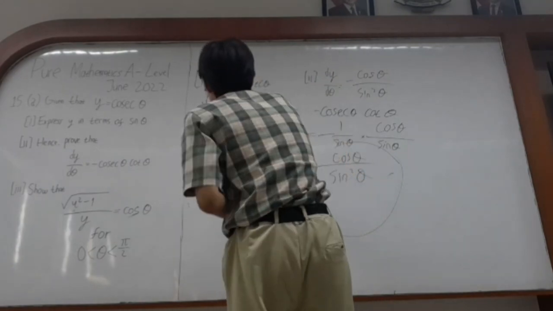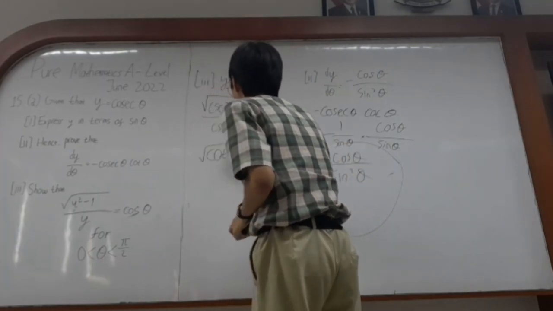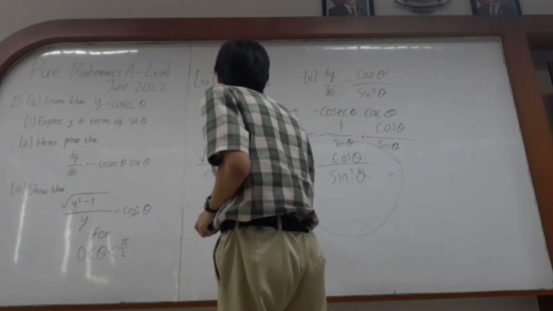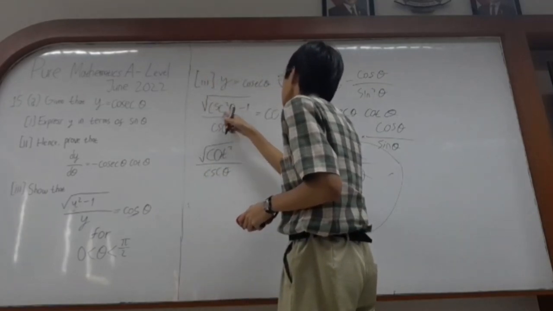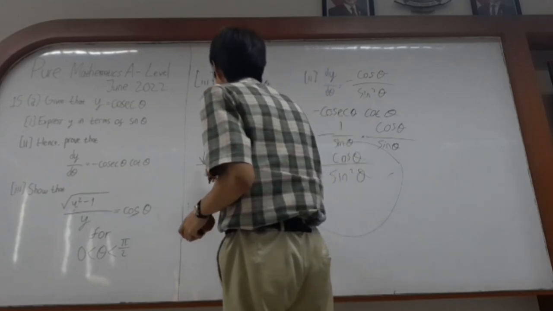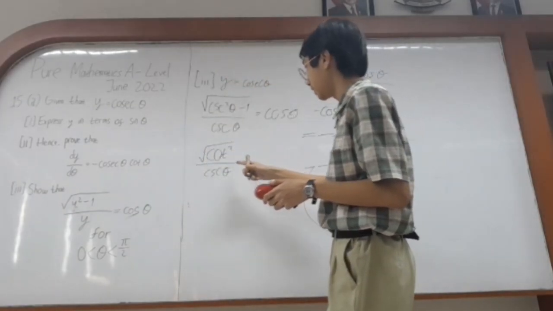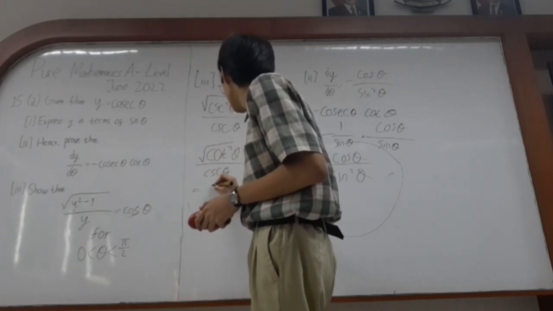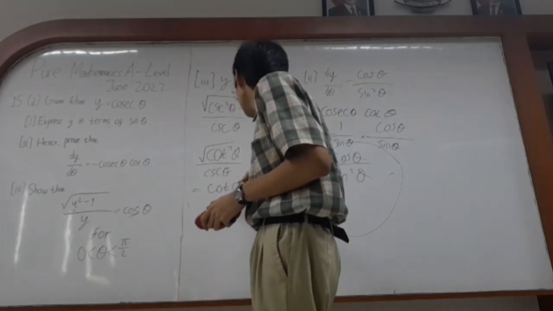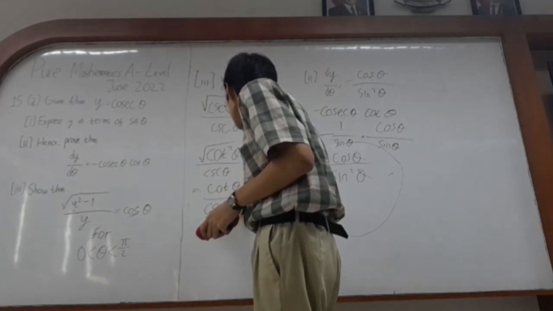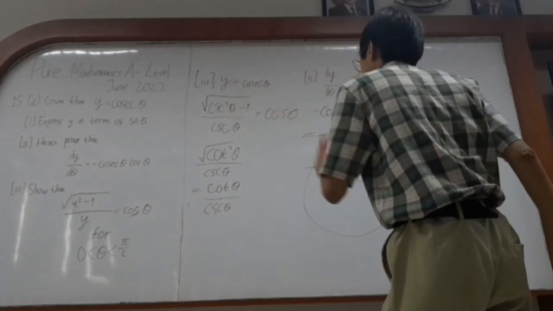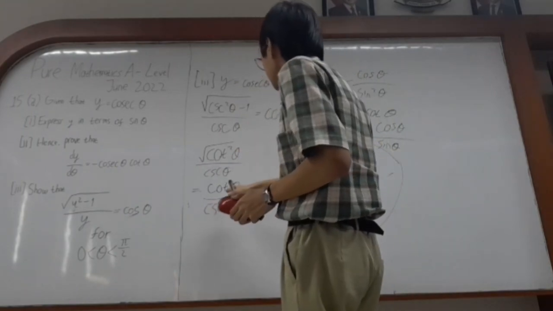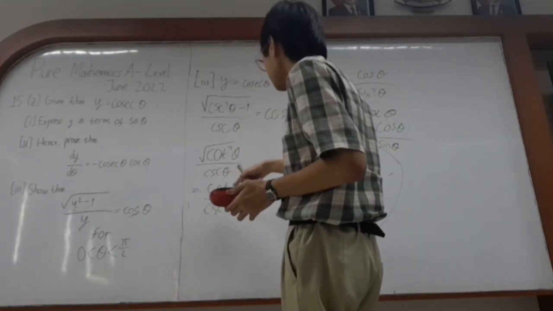So this one is cot squared over CSC. Cot squared is because CSC squared minus 1. And since there is a root over here, we erase that and it becomes just cot theta over CSC, or cosecant. Since we finally found this, we can express it again.